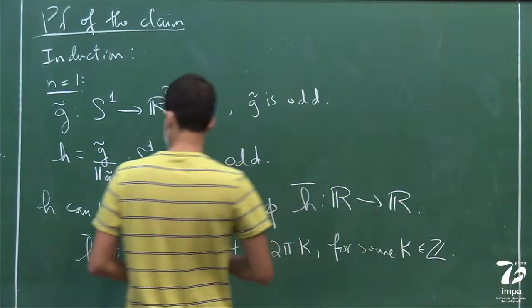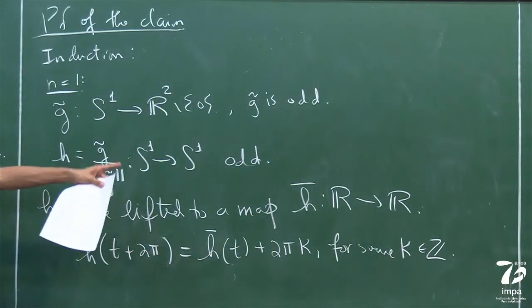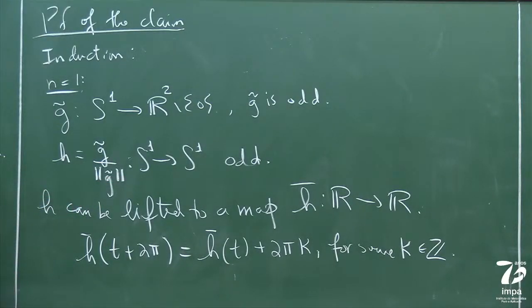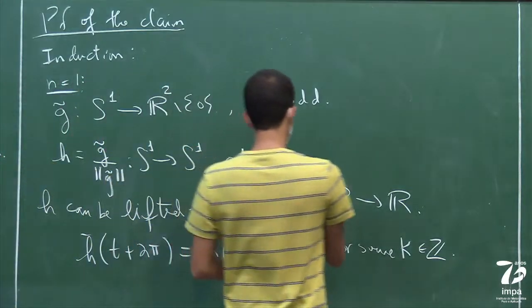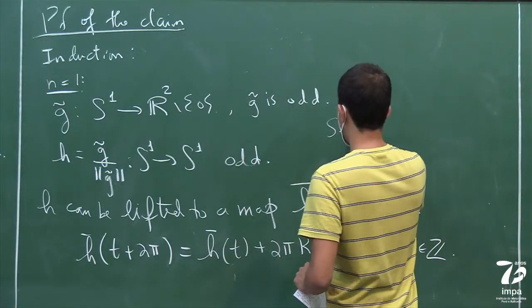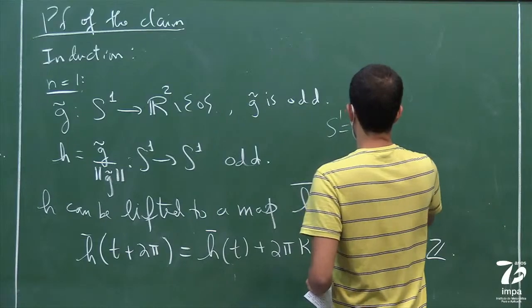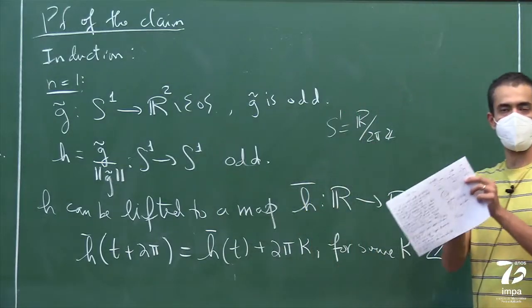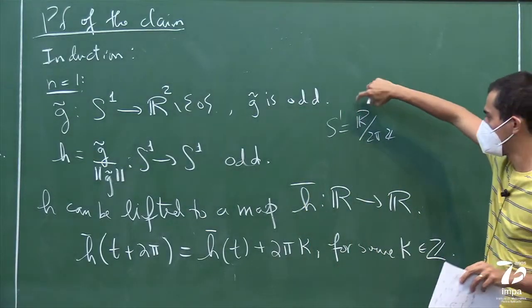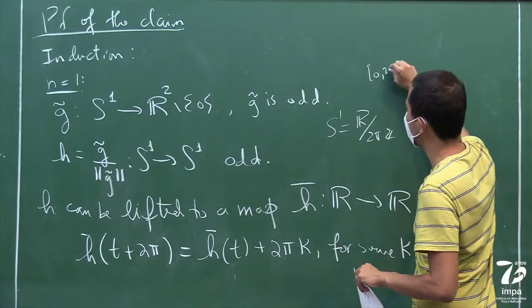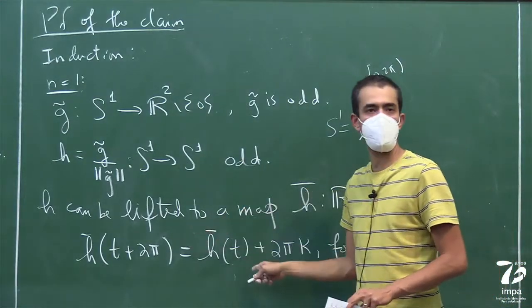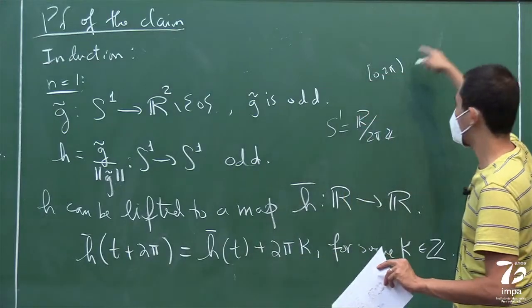Okay? So every map from S1 to S1 can be lifted to a map like this, where you just choose one. You can think of S1 as being R over 2 pi Z, and you just take the image of the interval between 0 and 2 pi, and that will give you the beginning of h bar, and then you just glue it together.